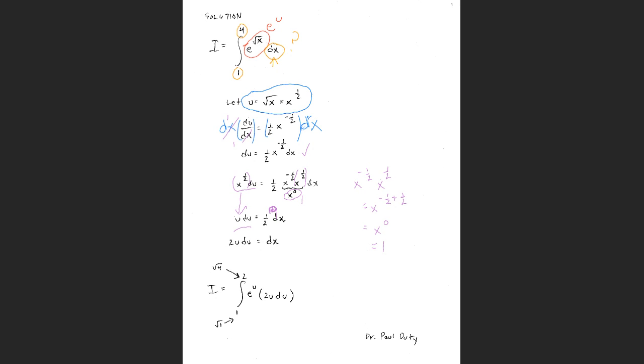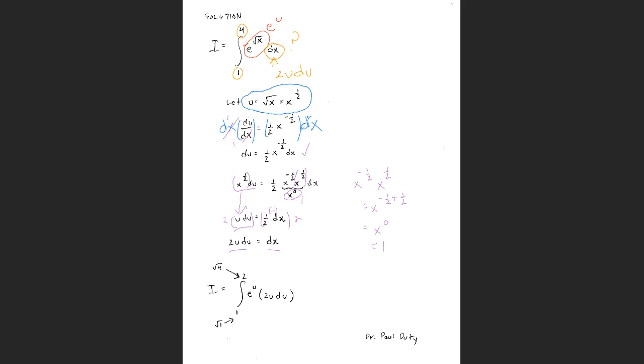So again, we want to get the dx by itself. So now I'm going to multiply by 2 on both sides, and so dx equals 2u du. And now we know exactly what that dx is. So dx is 2u du.